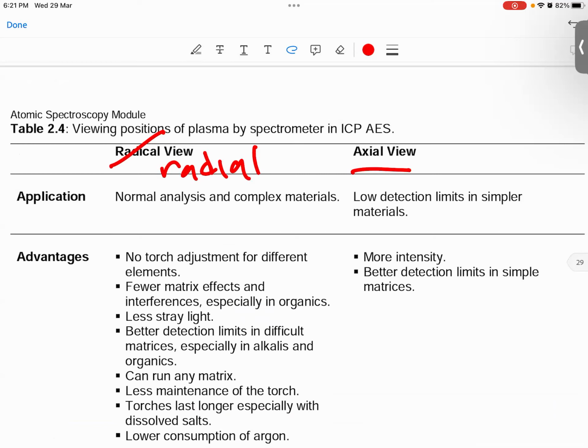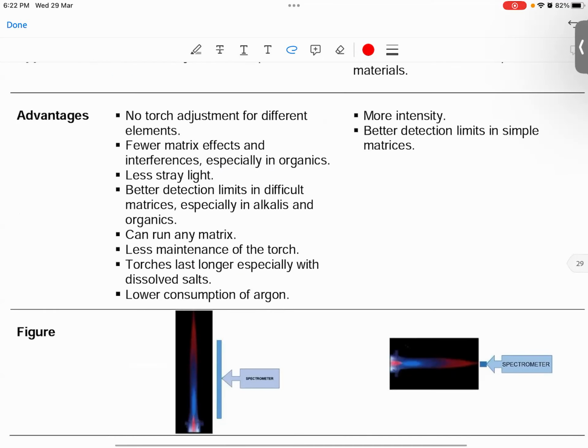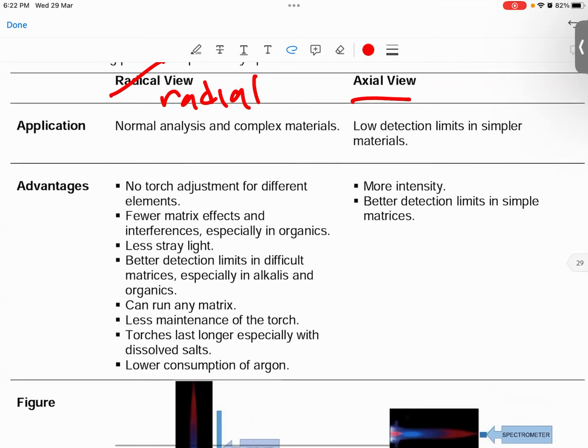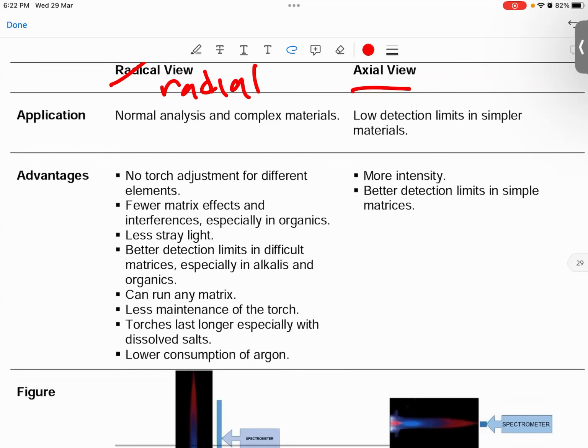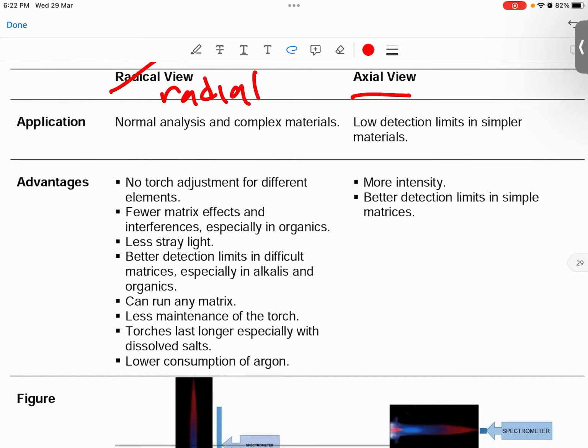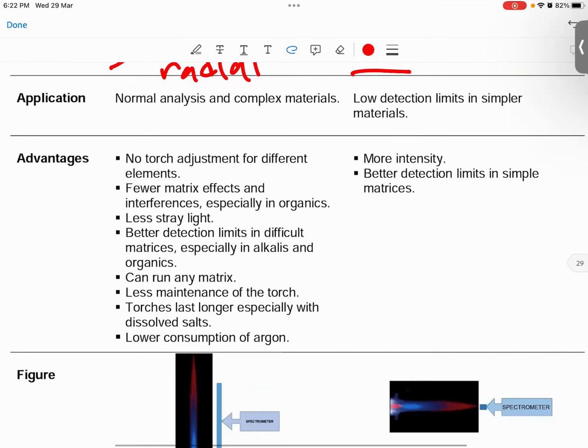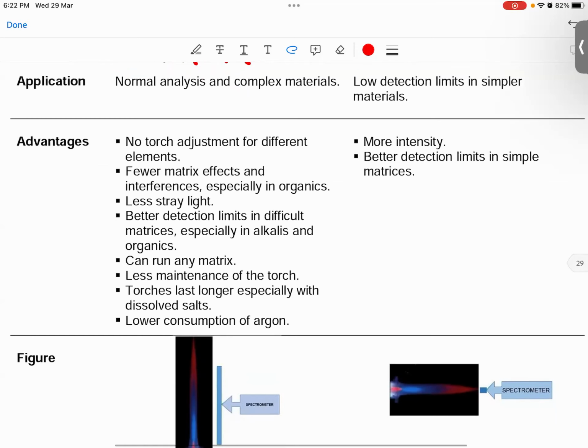I will show after this a YouTube video which gives you a better idea of how radial view and axial view are viewed. There are, of course, advantages and disadvantages. These are advantages of radial view and axial view: can run any matrix, less maintenance of torches, more intensity.